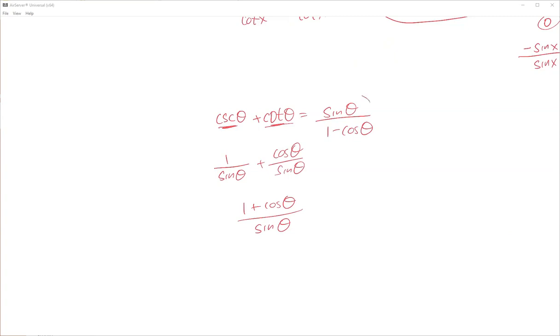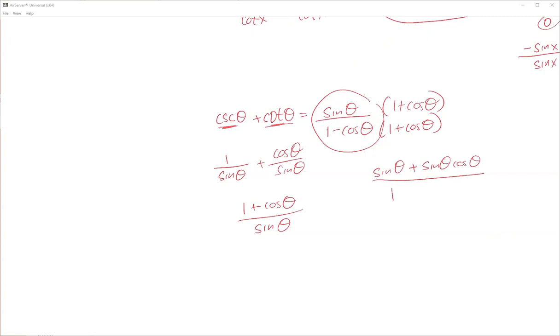Now we look at this side here, and we're going to multiply the top and bottom by the conjugate, 1 plus cosine theta. This equals sine theta plus sine theta cosine theta all over 1 minus cosine squared theta.